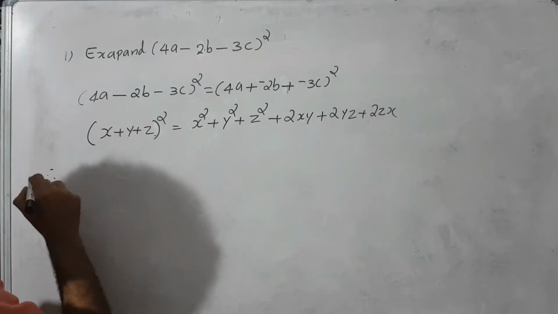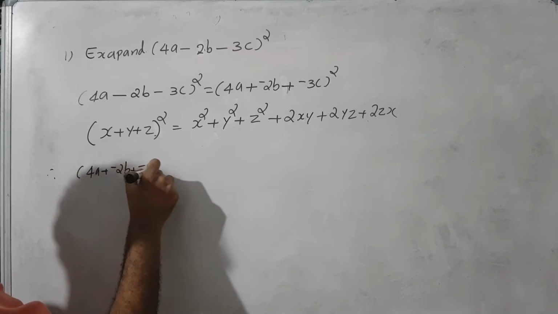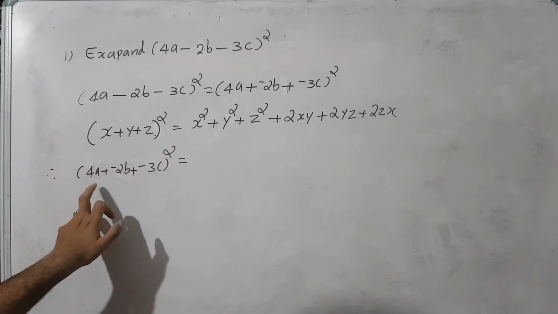Then therefore (4a + (-2b) + (-3c)) whole square is equal to, what is x? x is 4a.